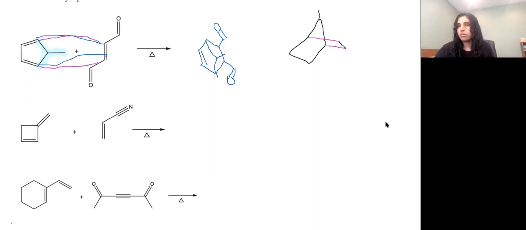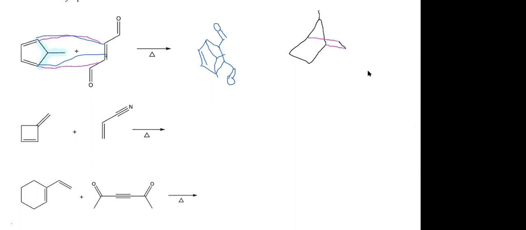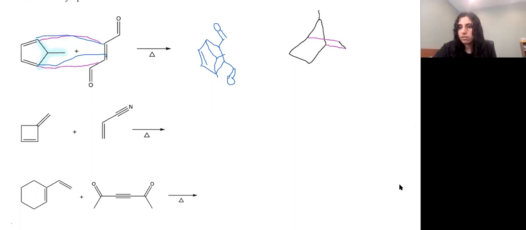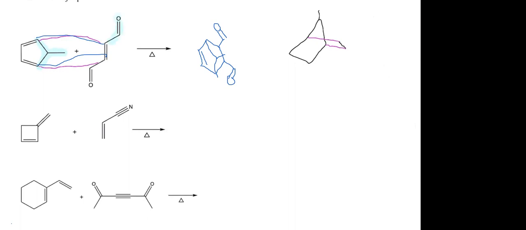And then how do you know if the dienophile substituents are pointing up or down? If it's inward or outward. Yeah, if it's facing inward or outward. So the top aldehyde, this one is facing which direction? Outward. Yeah, it's outward.